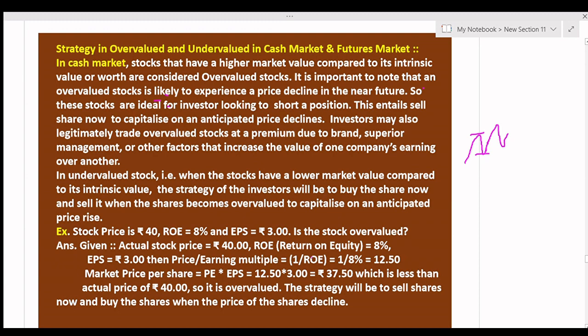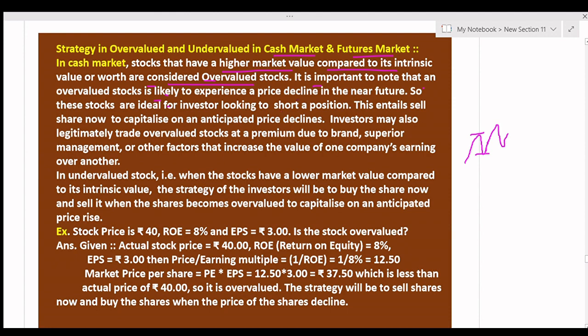Now, strategy in overvalued and undervalued in cash market and future market. Here I have shown the overvalued in cash market and in future market. In cash market, the stocks that have a higher market value compared to its intrinsic value or worth are considered overvalued stocks. That is, market value is higher than the intrinsic value of the share.